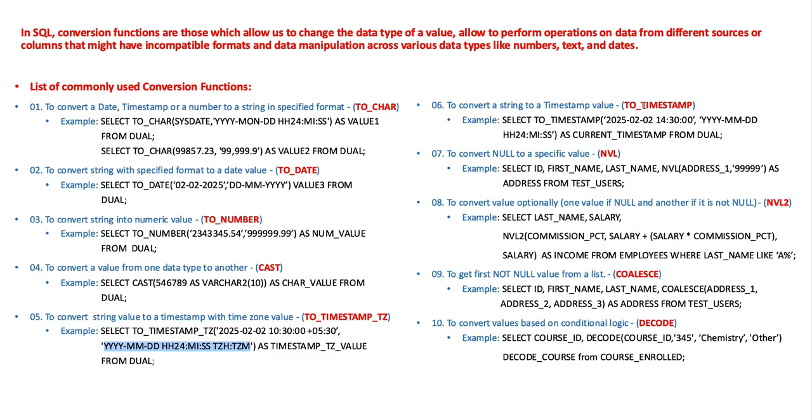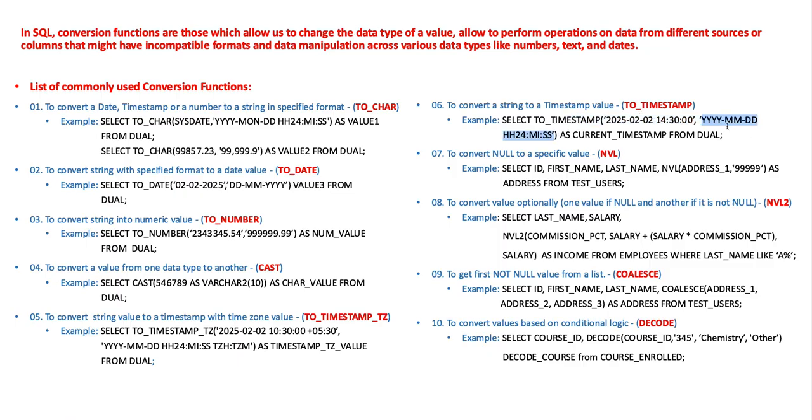Next function is to_timestamp. To convert a string to a timestamp value, I have provided here date, hour, minute, second, and also mentioned that the given string value is in this format.